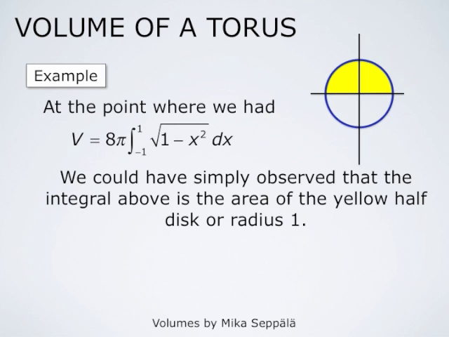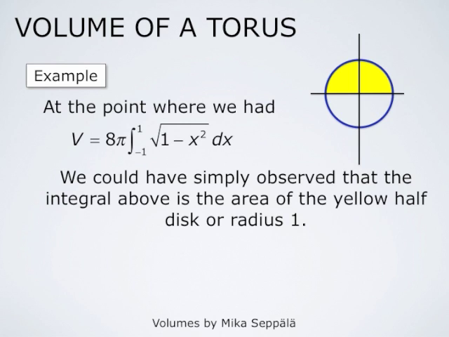A remark should be made at the point where we had that the volume of the torus is 8 times pi times integral from -1 to 1 of square root 1 minus x squared dx. We could have simply observed that this integral from -1 to 1 of square root 1 minus x squared dx is the area of the yellow half disk of radius 1. Now the area of a disk of radius 1 is pi times 1 squared, that is pi.